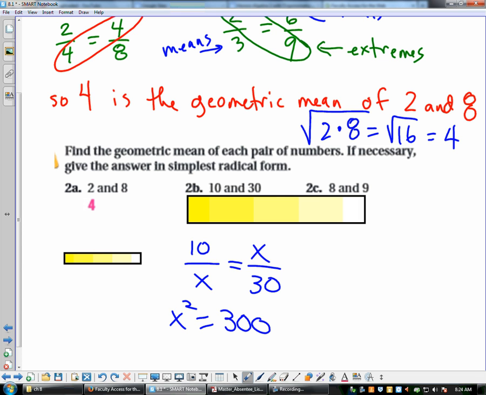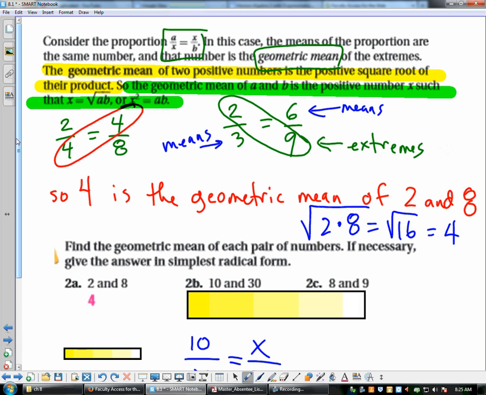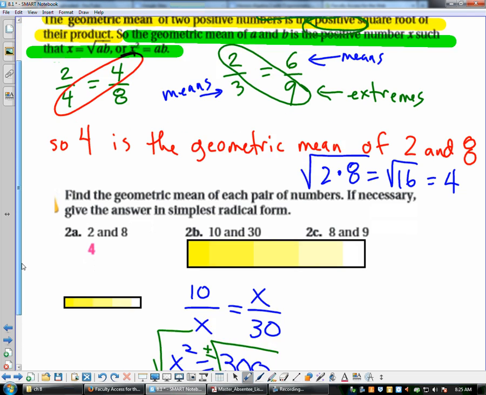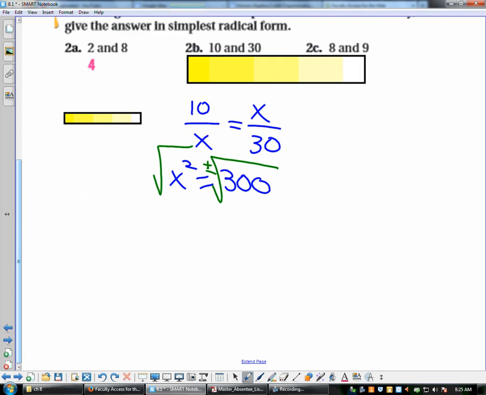And then to get x, we take the square root of both sides. Technically, whenever you take the square root of both sides, you need plus or minus, but since our definition said the geometric mean is the positive square root, we don't need to worry about the negative in this case. So we get x equaling the square root of 300.